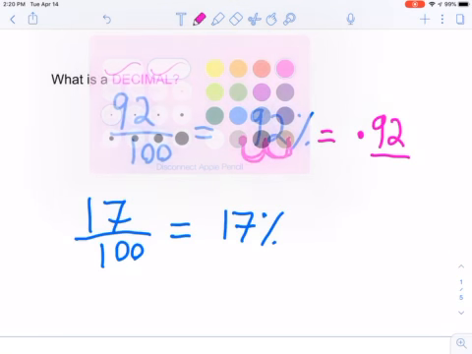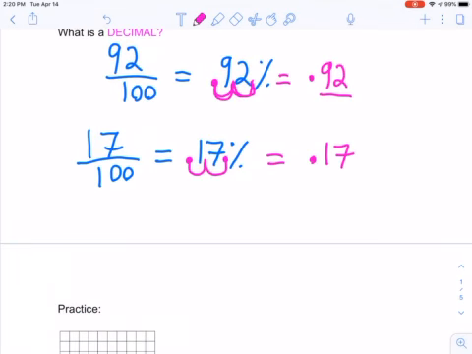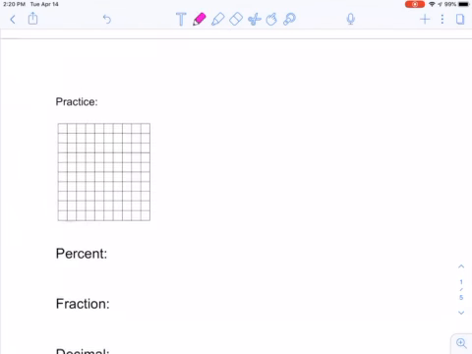So as a decimal, yes, once again, you move that decimal place 2 points over, and that gives you 0.17. Okay, so a decimal, if you remember to take that value and move it from the right to the left 2 place values, you will get your decimal from that percent.